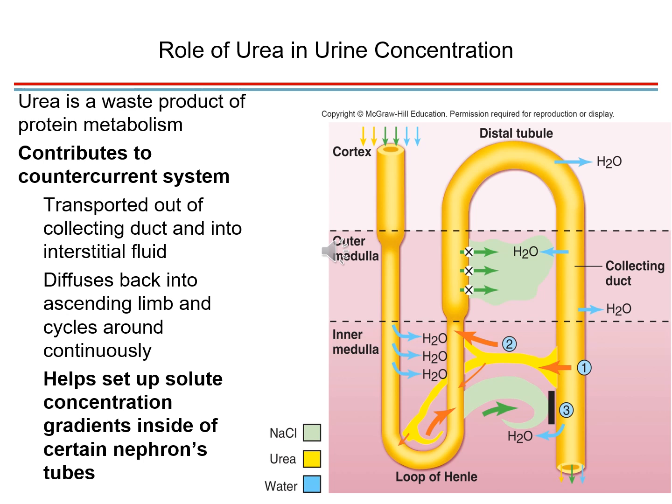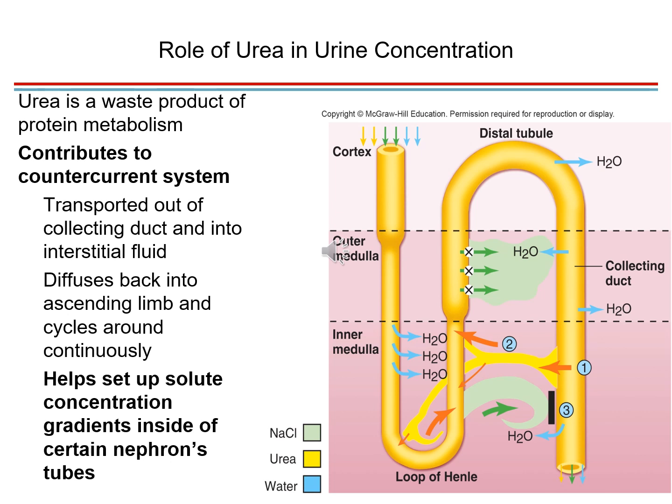If that is the case, and too much sodium chloride was taken out of the ascending limb, urea will move from the collecting tube back into the ascending limb. In other words, the urea function in urine concentration is helping to set up the solute concentration gradient inside of the nephron tubes.